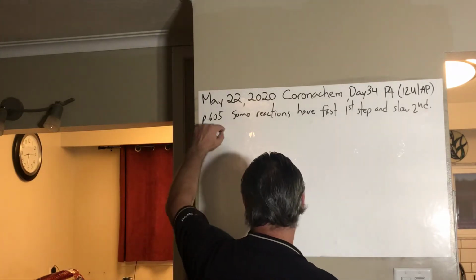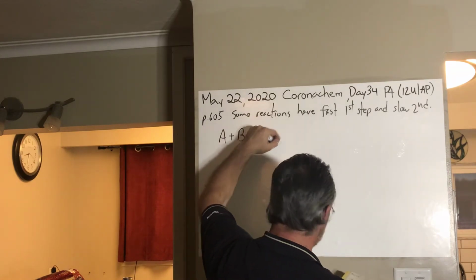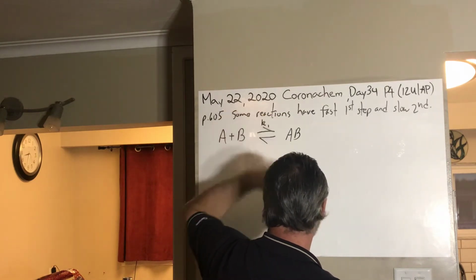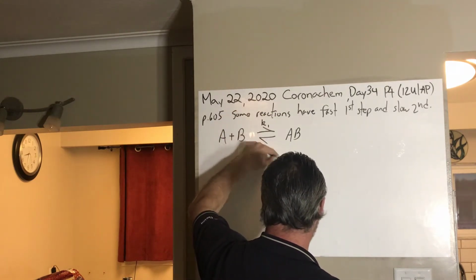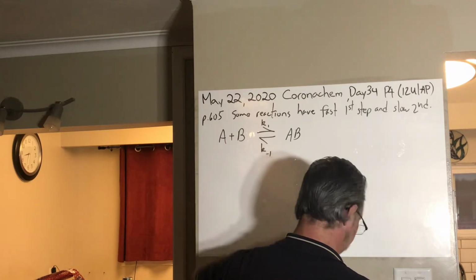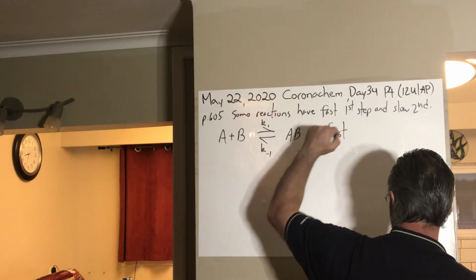Thus, if A plus B yields AB in a reversible equilibrium where the forward reaction has rate constant K1 and the backward reaction has rate constant K to the minus 1, and we call that a fast step. That's the fast step.